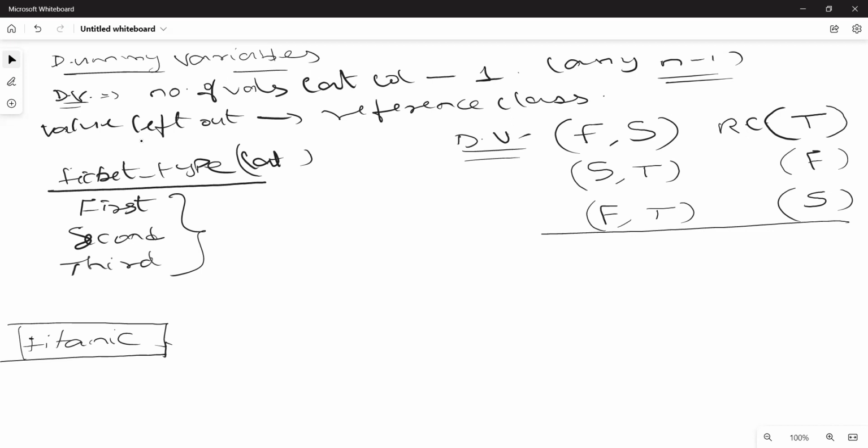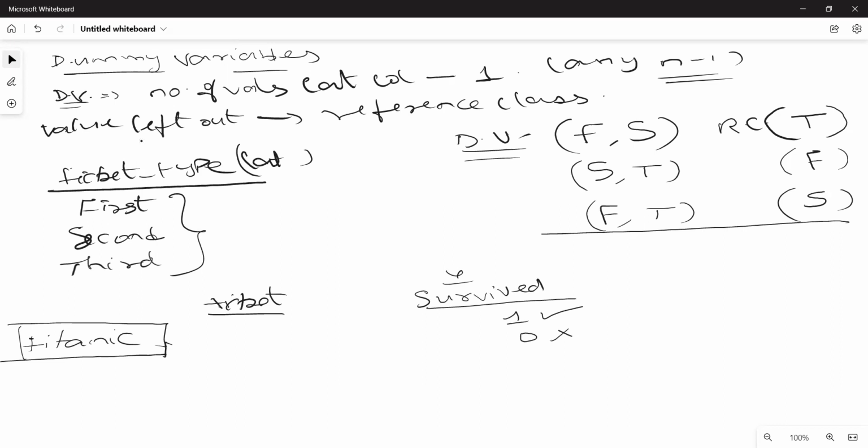They had a group of columns and they wanted to predict which passenger survived and which passenger did not survive based on the list of features. One of the features was the type of ticket. So we had a ticket type, and the Y variable was called survived. So 1 means the passenger survived and 0 means the passenger did not survive.